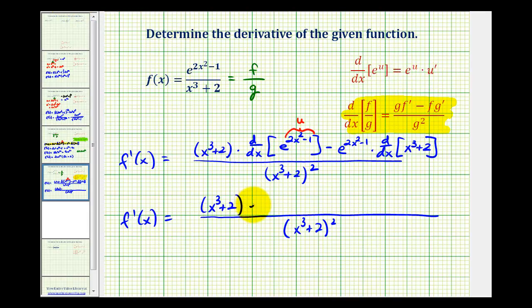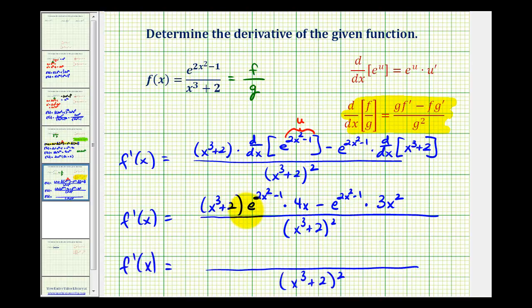So we'll have e to the power of 2x squared minus 1 times the derivative of 2x squared minus 1, that'll be 4x, minus e to the power of 2x to the second minus 1 times the derivative of x cubed plus 2, which is 3x squared.